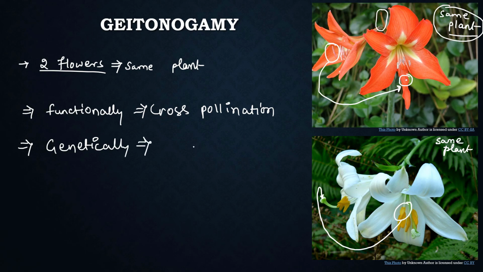The answer is no, they are the same plant, so genetically they are the same. So genetically, Geitonogamy is nothing but autogamy. Functionally they are similar to cross-pollination, but genetically they are similar to autogamy. So Geitonogamy is pollination involving two different flowers, but belonging to the same plant.